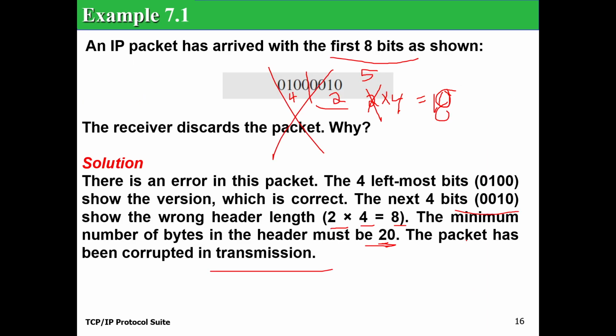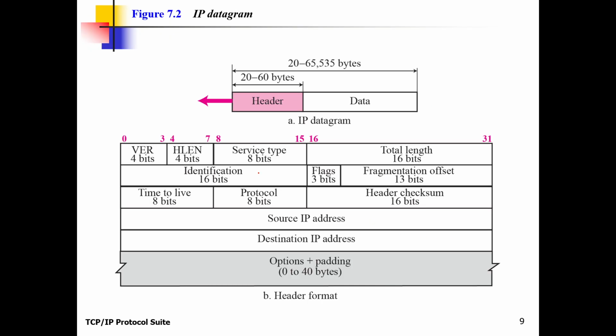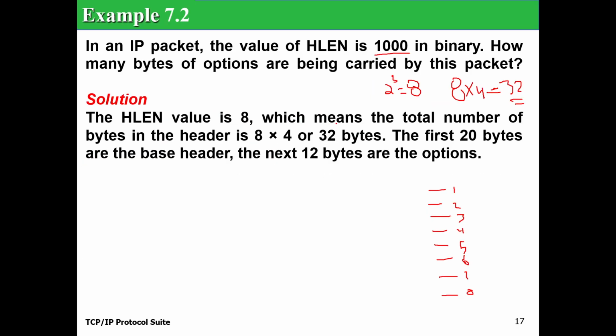When you go back in here, we'll have 1, 2, 3, 4, 5, and another 3 lines in the options. So that is the total. The first 20 bytes are the base header, so from here to here, these are 20, and the next 12 are the options header.